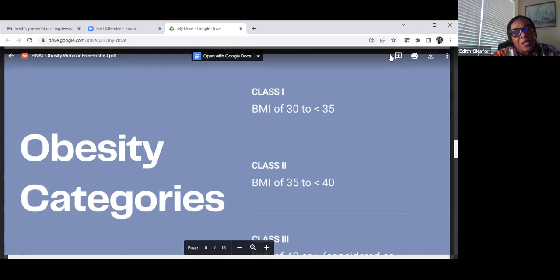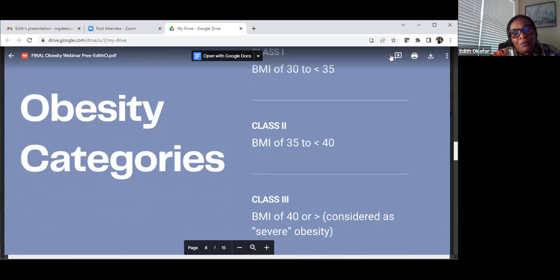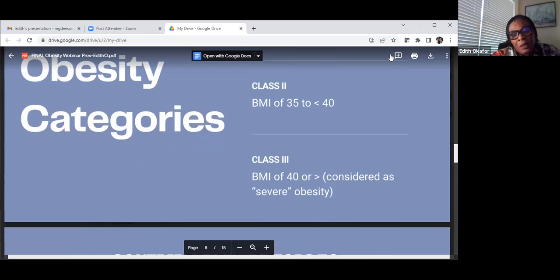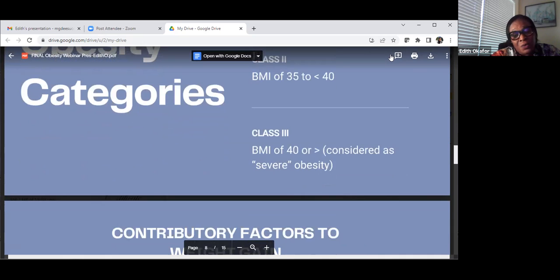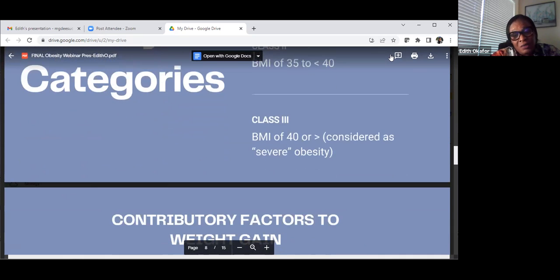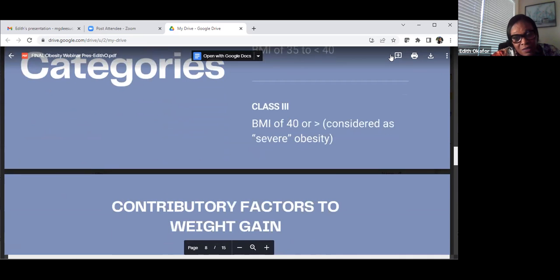When we have a BMI of 35 to less than 40, we're looking at class 2. And then when we have a BMI of 40 or more, this is class 3. And we consider it as severe obesity. And sometimes some of my colleagues tend to want to start medication in this kind of patients.